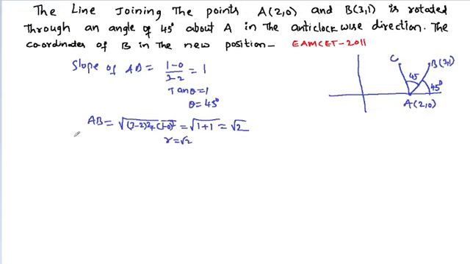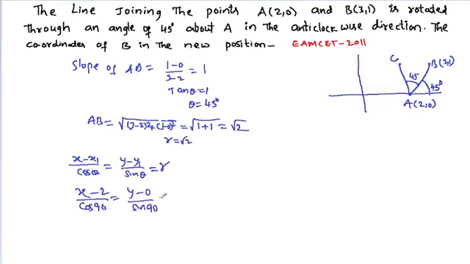So the coordinates of C, we know that x minus x1 by cos theta is equal to y minus y1 by sin theta is equal to r. X minus x1, that is 2, by cos theta, that is cos 90, is equal to y minus y1, 0, by sin 90, is equal to r, that is root 2.